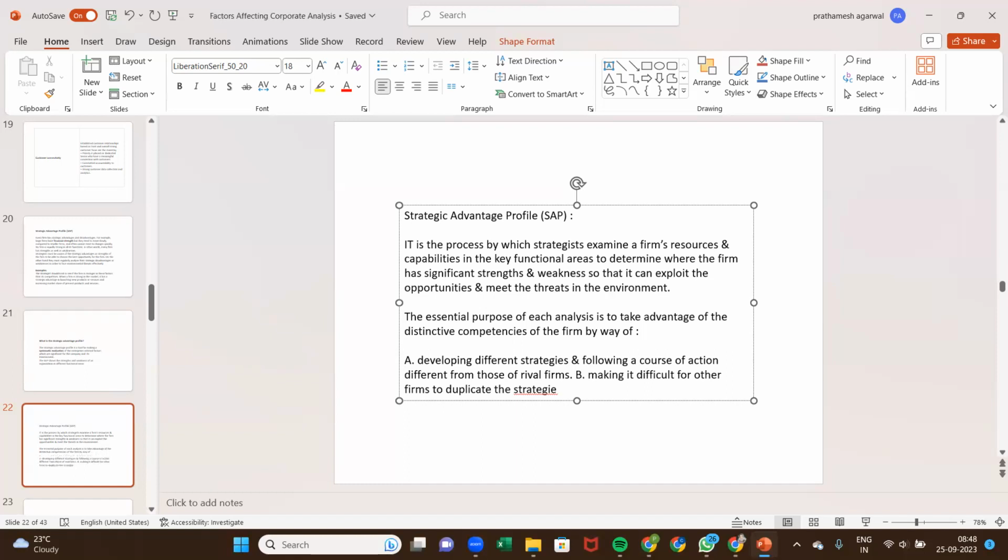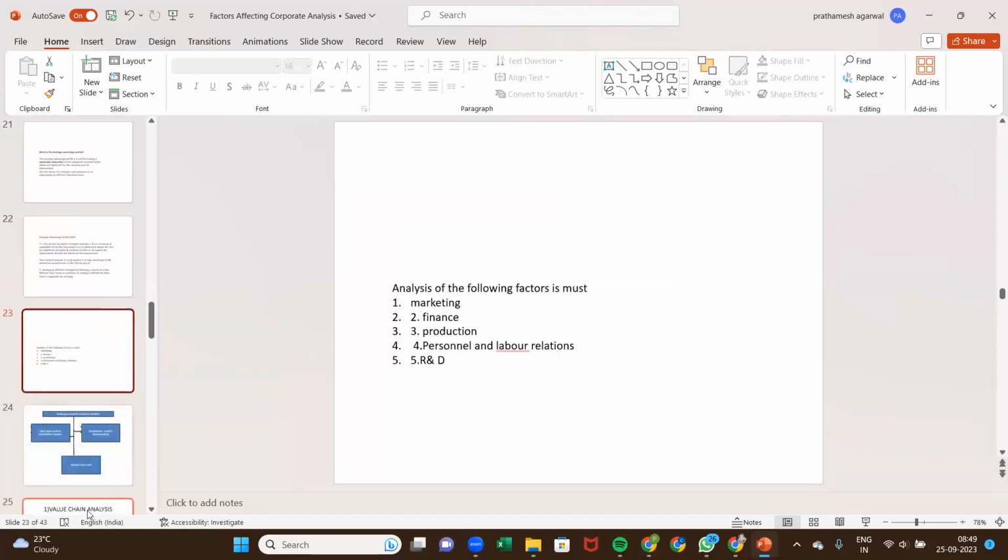Developing different strategies and following a course of action different from those of rival firms, then making it difficult for other firms to duplicate the strategy, right? So the other firm should not copy our ideas. You should have a well-defined method so that your ideas are not copied by anyone else. These are the three functions of a SAP.